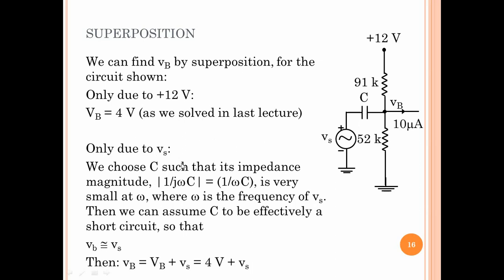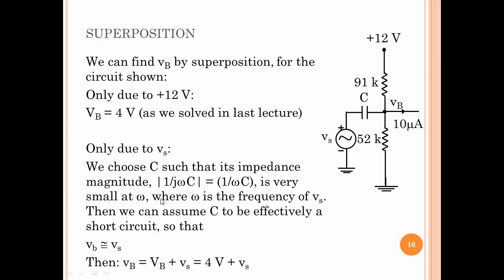Now here is what, as I had said, we'll assume that C is large. Or we'll not assume, we'll put a very large C. Large would be such that the magnitude of the impedance of C, which is 1 over j omega C, with magnitude 1 over omega C, is very small at omega.